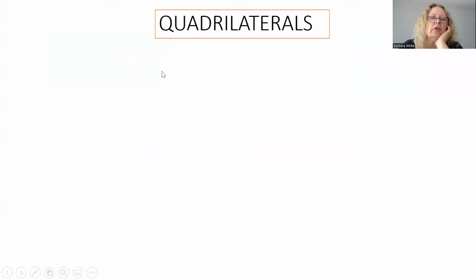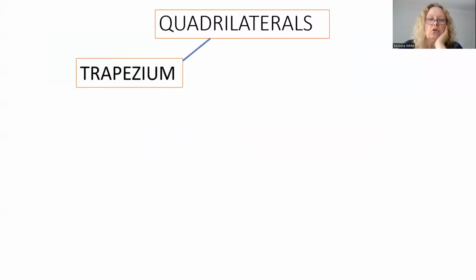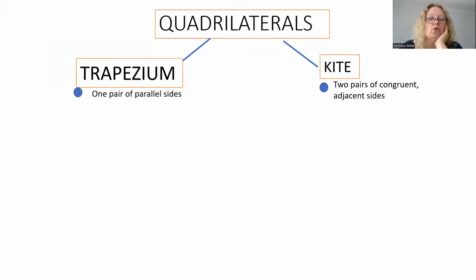So quadrilaterals can be sorted into trapeziums, which have one pair of parallel sides, into kites, which have two pairs of congruent adjacent sides. These two are congruent. These two adjacent sides are congruent. These two adjacent sides are congruent.